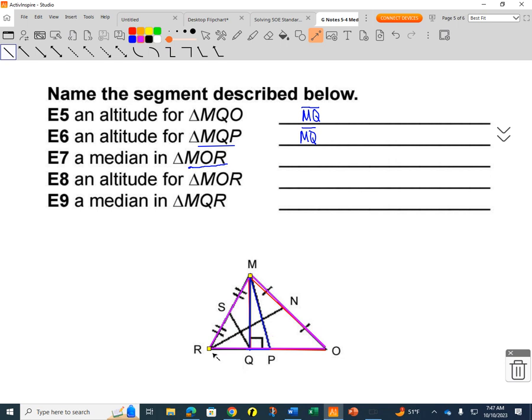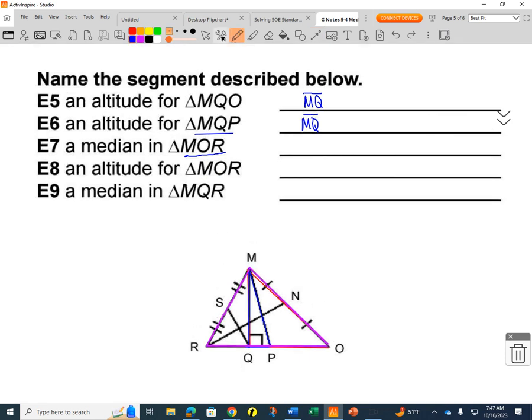So it's this big purple one. So that's not a bisector. How about this segment here? It goes from angle R across to the other side, and we can see that it bisects here. So this starts at a vertex and bisects side MO. So RN is a median for that triangle.